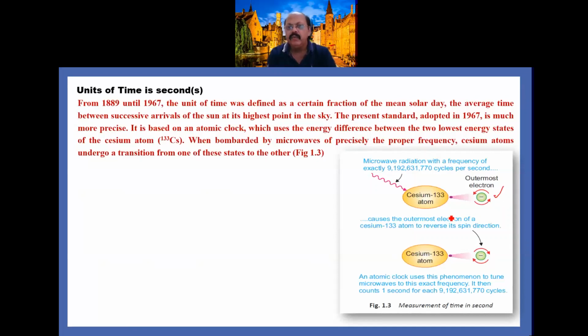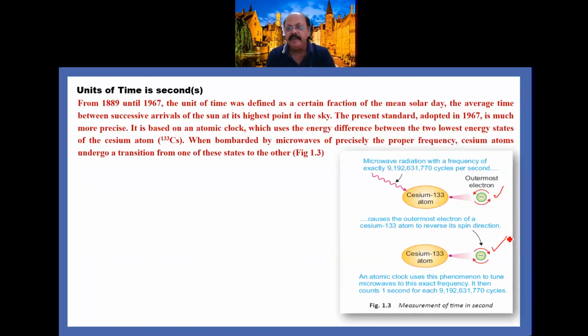But when these microwave radiations with frequency exactly 9192631770 cycles per second fall on the cesium 133 atom, it reverses the spin of the electron. Now the electron starts revolving in clockwise direction, and this process takes place within 1 second.